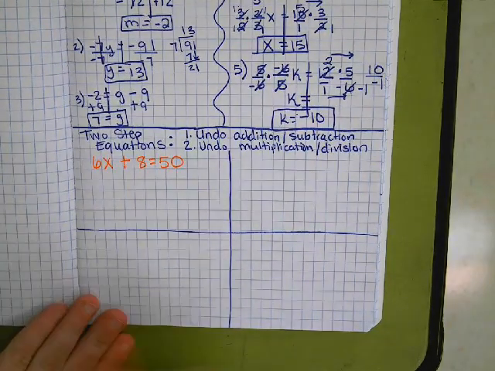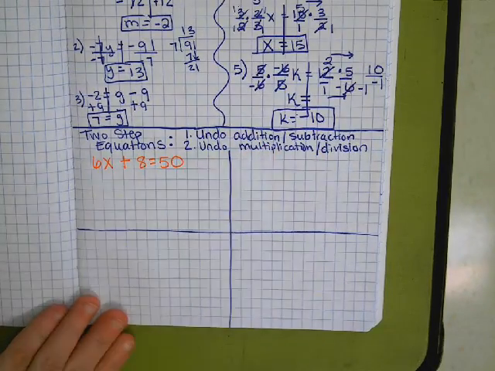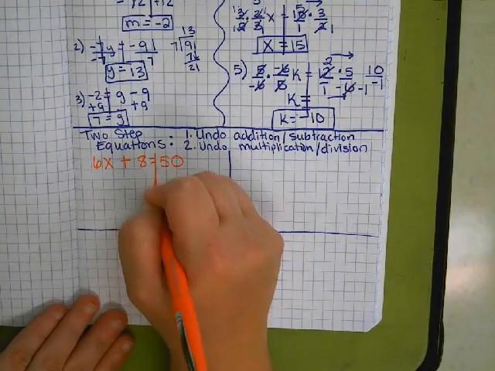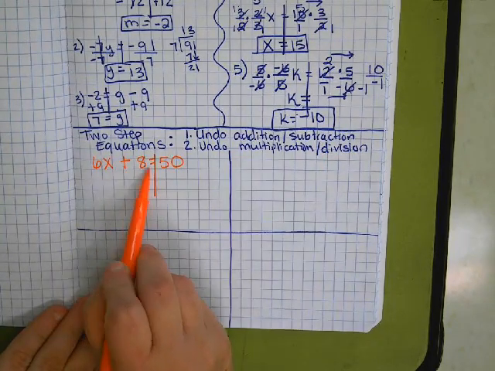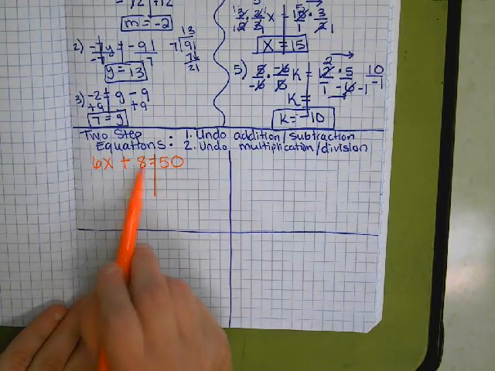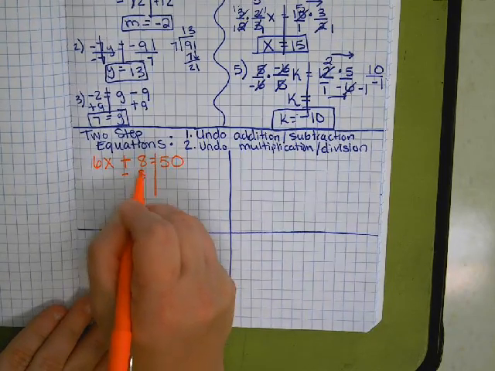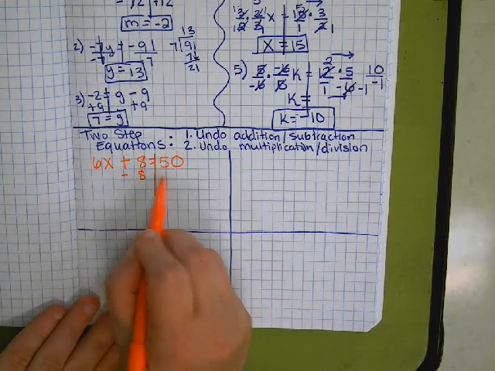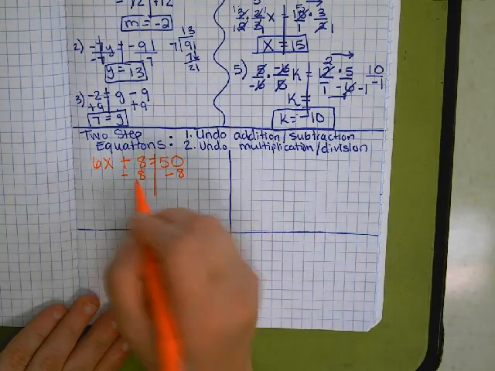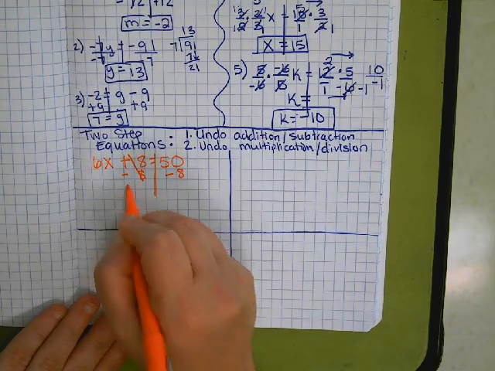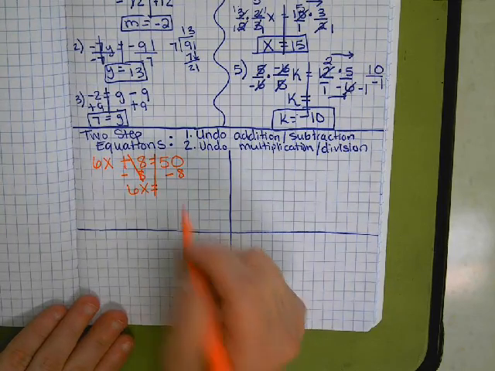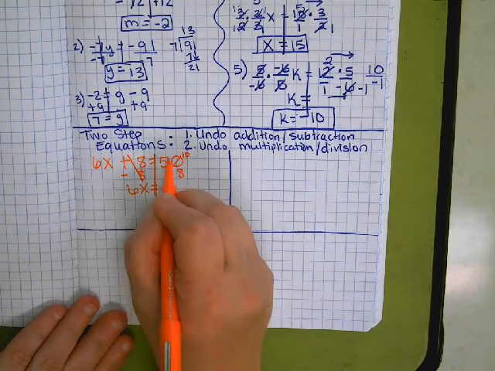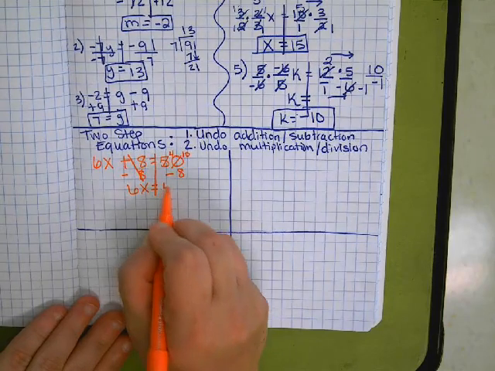Our first step says to undo addition subtraction. So I'm going to draw my line. And so I've got to get rid of addition or subtraction first, so plus 8. Well, we know how to get rid of addition. We do subtraction. So I'm going to subtract 8. Well, whatever I do on one side, I got to do to the other. So my 8's go away, and I'm left with 6x equals 50 minus 8. We can borrow, and we get 42.